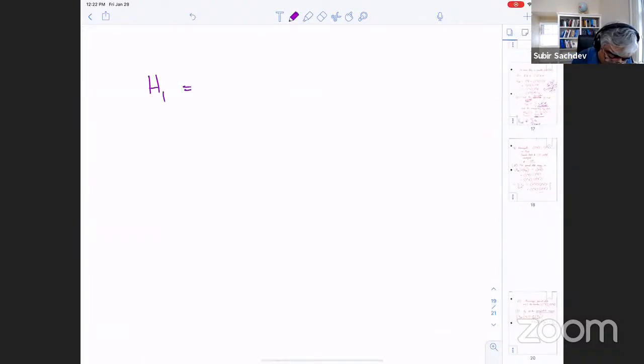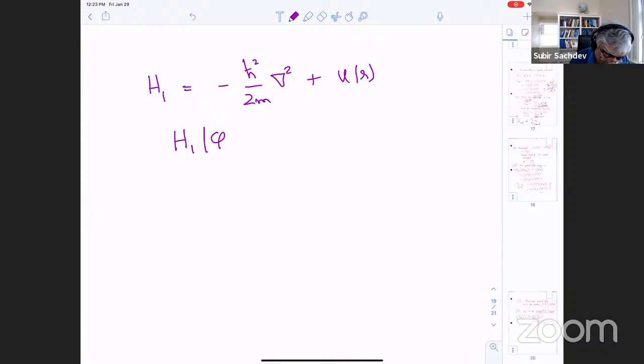I have my one particle term, which is minus h bar squared over 2m grad squared plus some u of r. It's a one particle term, so I don't put a sum over particles. I can find its eigenfunctions. So I look for the eigenfunctions of H1, phi alpha, with H1 phi alpha equal to E alpha phi alpha.